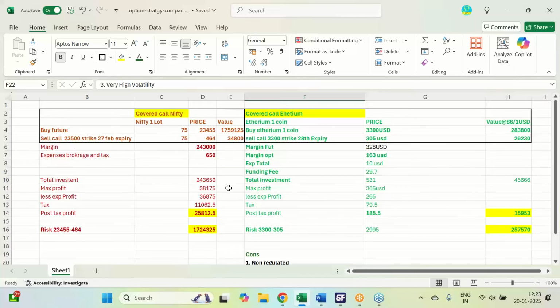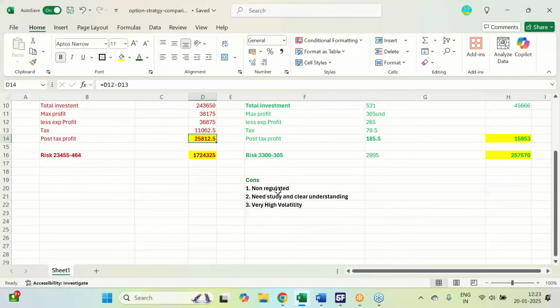We are into regulated. What we are taking is a huge amount of risk for 25K. So here it is non-regulated, but lesser risk, it rewards more. Need study. So to earn something big, you need to prepare yourself. It is highly volatile. So you need to know or learn how to handle this high volatility. These are the things required.